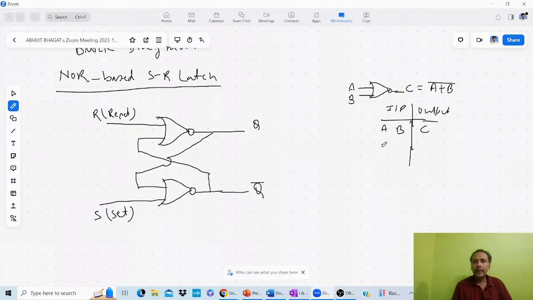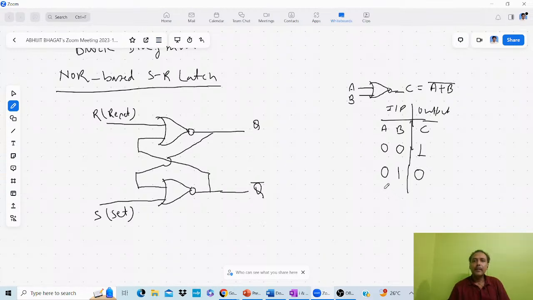When the input is 0, 0, the output of the NOR gate is 0 plus 0, which is 0, and 0 bar is 1. So C equals 1. If it is 0 and 1, then 0 plus 1 is 1, and 1 bar is 0.